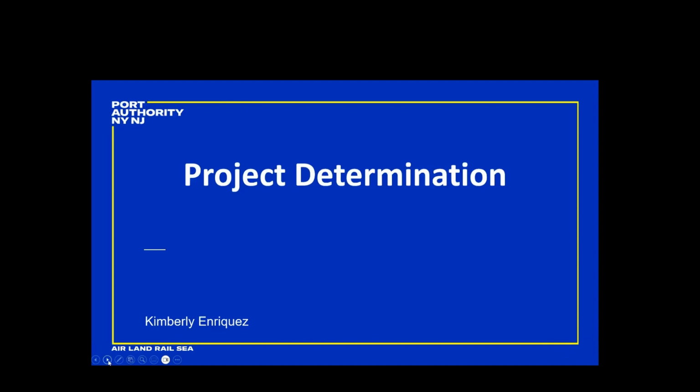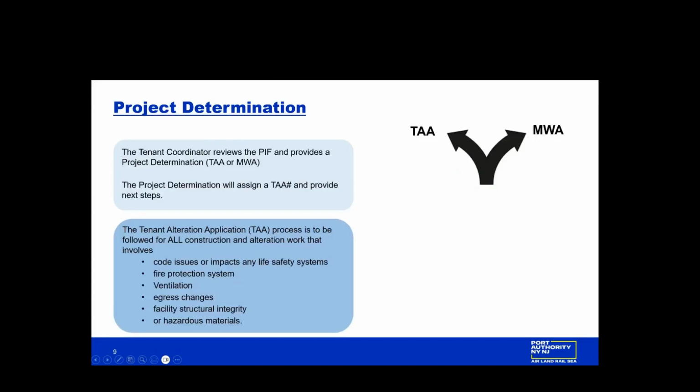Okay, moving into project determination. Once the project initiation form is submitted and the tenant coordinator receives it, they will review it and provide a project determination, whether a TA or a minor works. The project determination will also assign a TA number to your project and provide next steps.